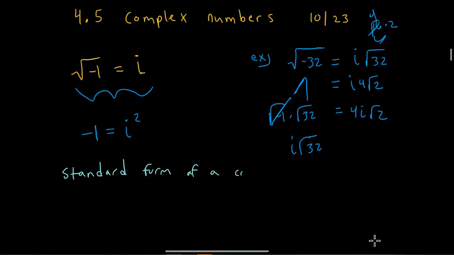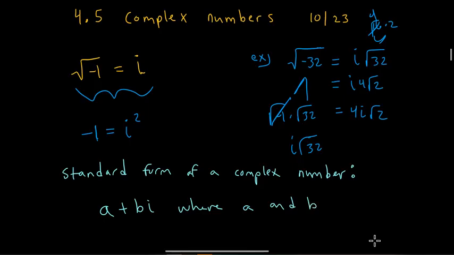The standard form of a complex number, I'm sure you've seen this before as well, is a plus bi, where a and b are real numbers.